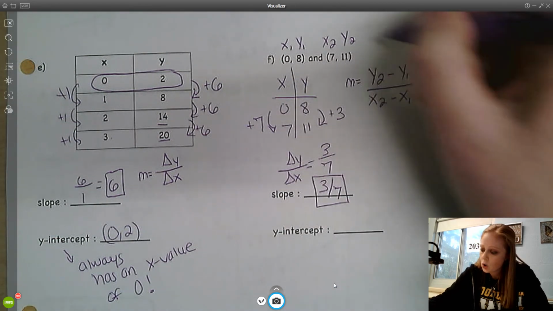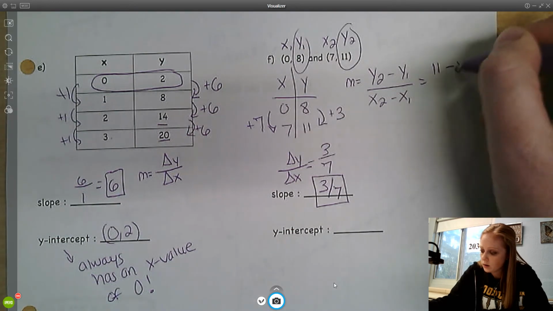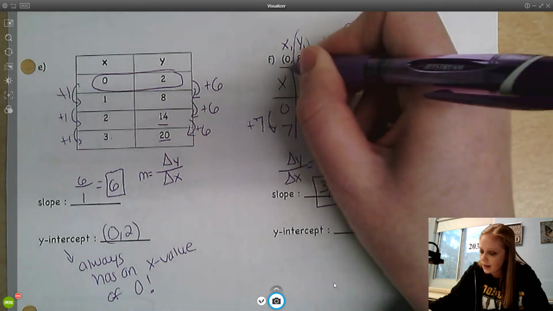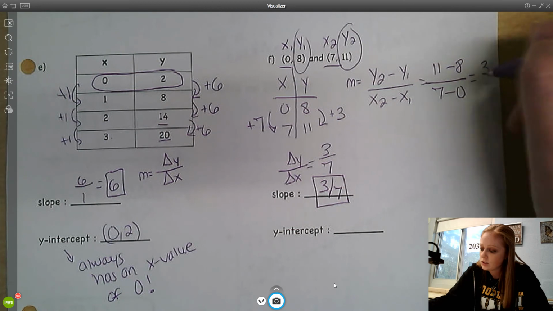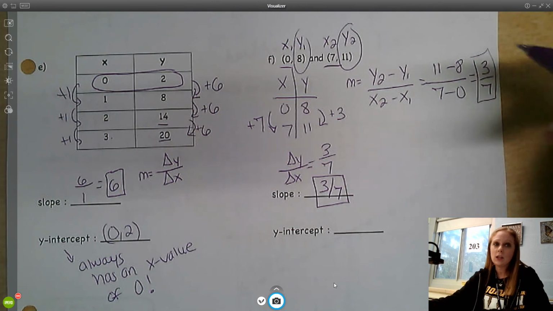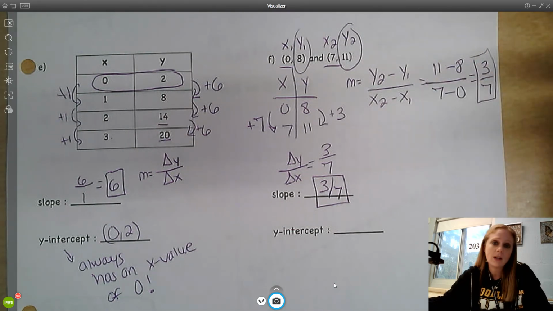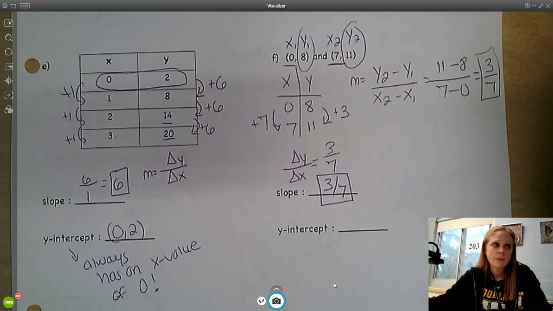So let's subtract y number 2 minus y number 1 over x number 2 minus x number 1. Back to front, back to front. 11 minus 8 is 3. 7 minus 0 is 7. You still get 3 sevenths. You're doing the same thing. You're subtracting the one in the back minus the one in the front. That's what we're doing in the table too. So whichever way works better for you, it's totally fine.